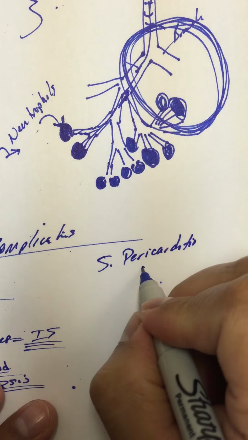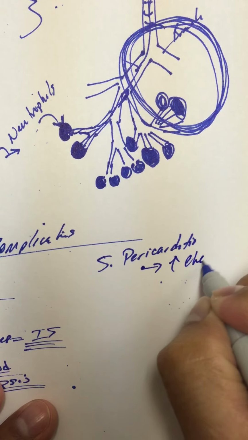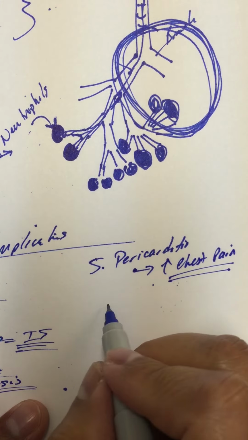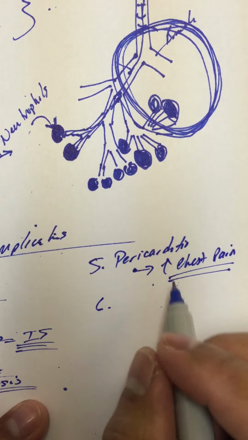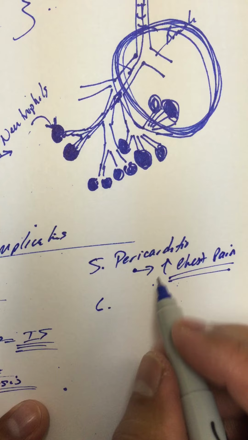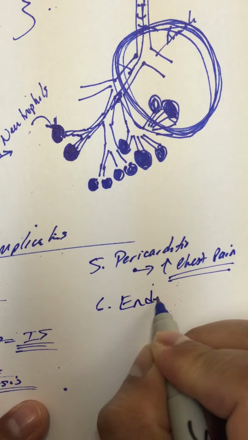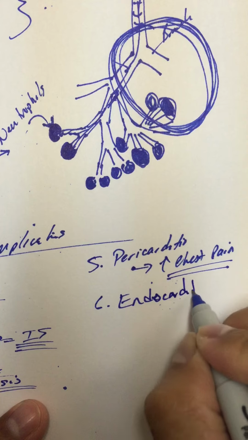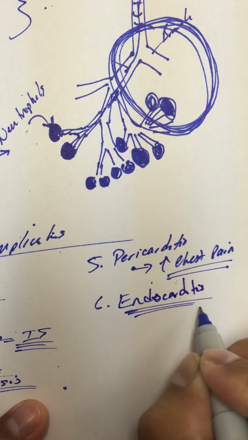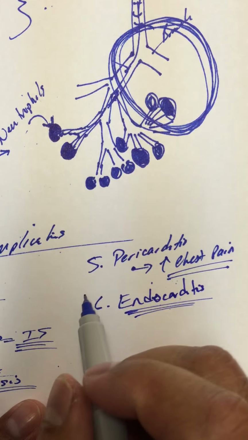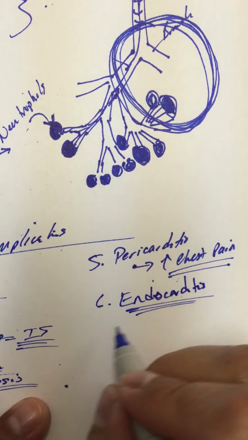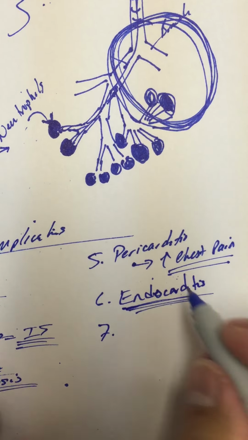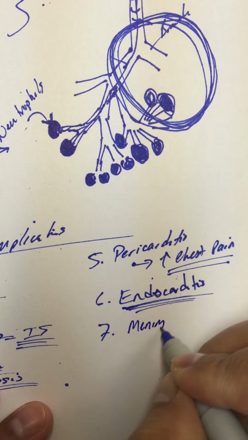This pericarditis would increase chest pain. So both pericarditis and endocarditis can occur. So again, the heart is being affected now because of the spread in the infection. And if the infection again continues to spread, it can also travel to the brain, causing meningitis.